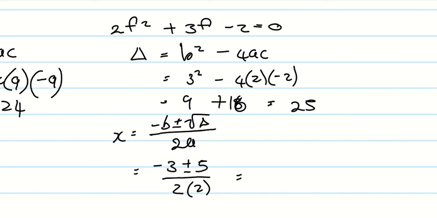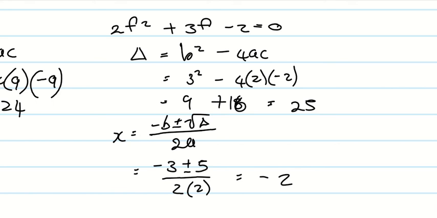So, that means it's going to be negative 8 divided by 4, which equals 2. Alright, so my one answer will be negative 2. No? So my one answer will be negative 2, and my other answer will be negative 3 plus 5, which is going to be 2.